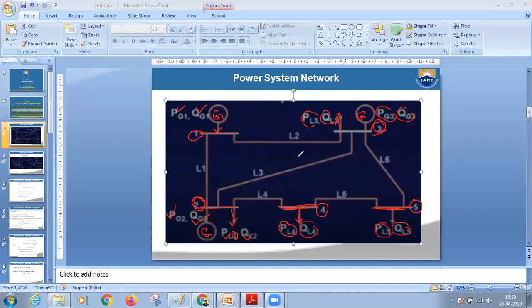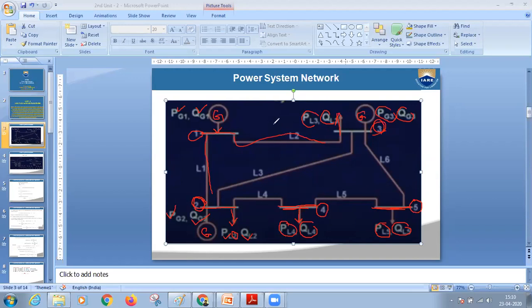Now there are transmission lines: L1 between the first and second bus, L2 between the first and third bus, L3 between buses 2 and 3, L4 between 2 and 4, L5 between 4 and 5, and L6 between 3 and 6.